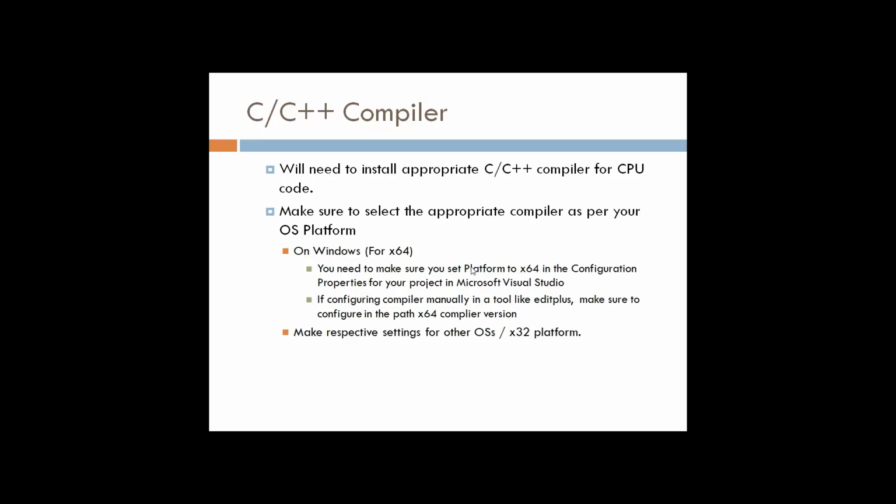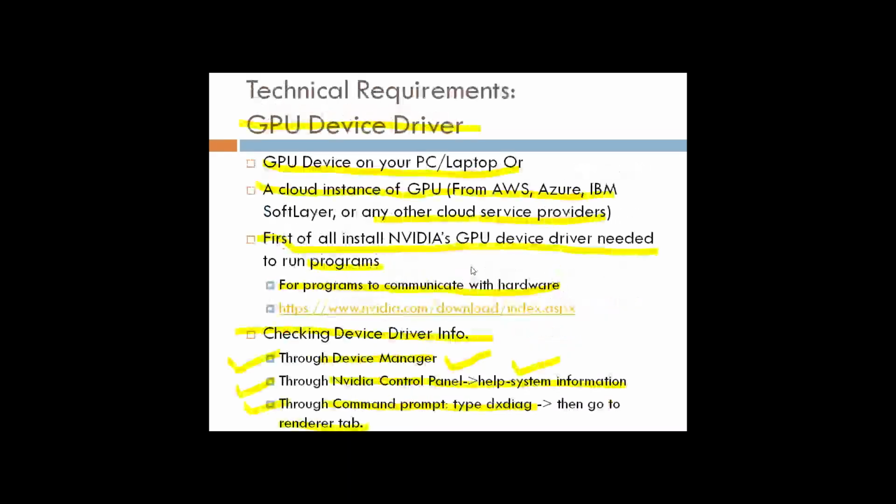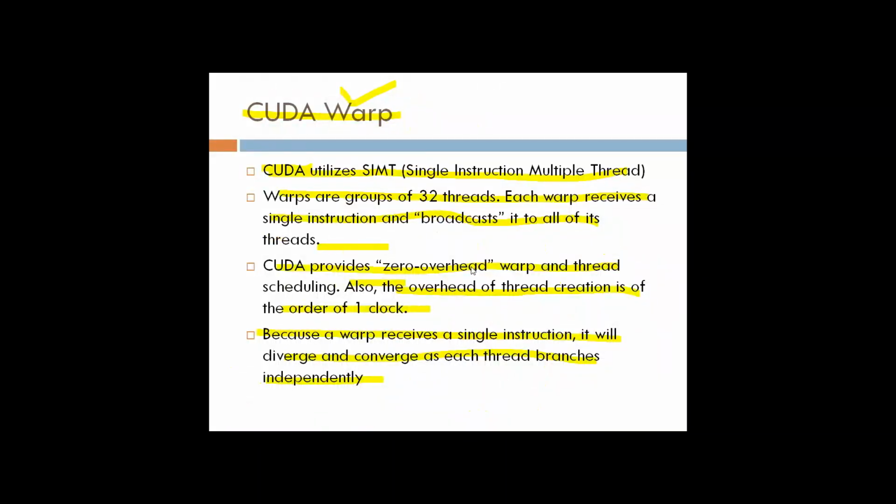Related to the previous slide, you did talk about grid being a superset of a block and that being a superset of threads. How do they relate to the number of cores? Basically, these cores are divided into multiple processing elements, right?